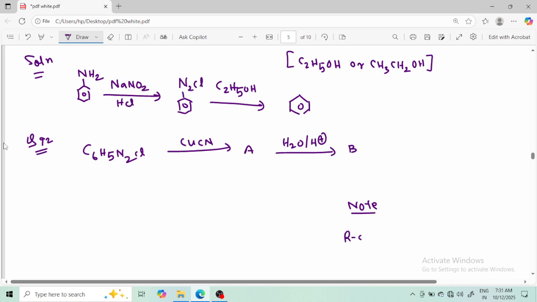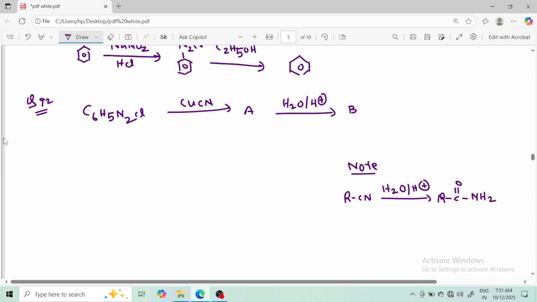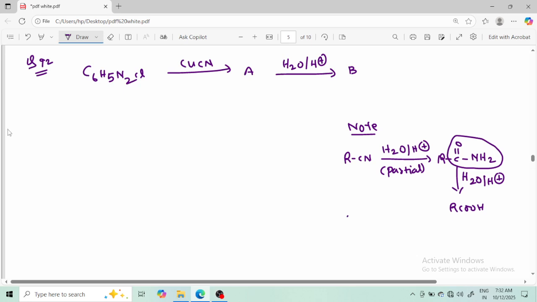So if it is RCN, and if it undergoes hydrolysis, H2O and H plus, first it changes to RCONH2, and then it will continue. Here, if they mention the word partial, you will just stop here, but if they don't mention the word partial, it will continue, and again acidification will happen, and this whole CONH2 part will change to RCOOH.